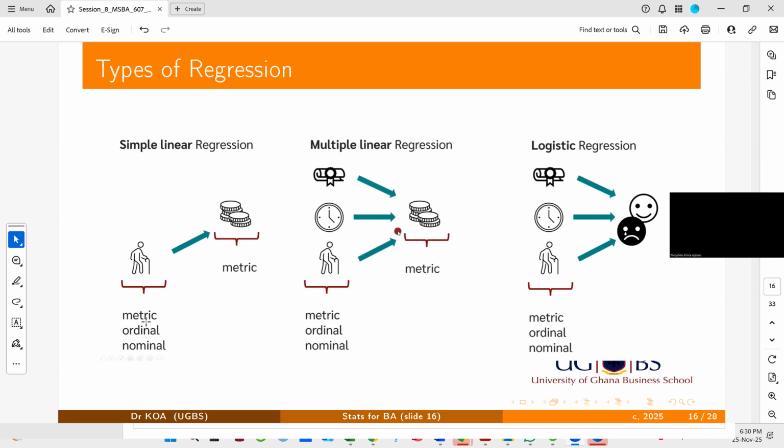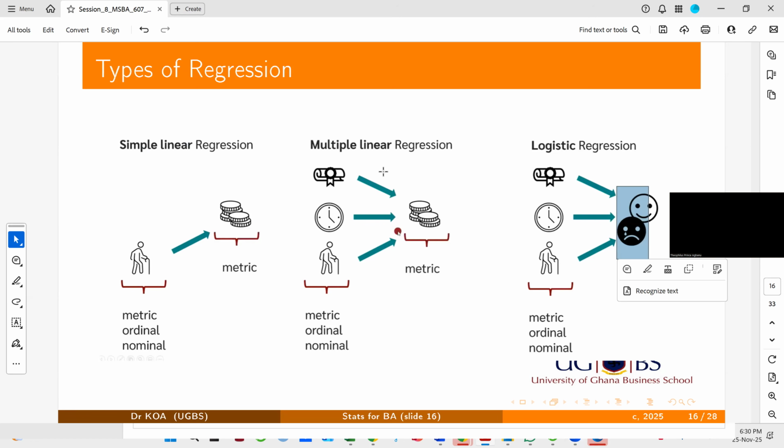Now, this is a typical example of a simple regression. As you can see here, they are all metric. Okay. And then you have multiple regression where the metrics are many. And then you have a logistic regression. A logistic regression is where the dependent variable is binary, as you can see here.